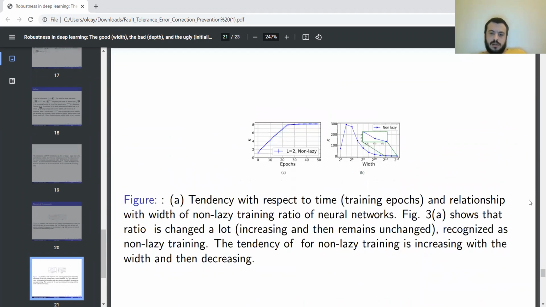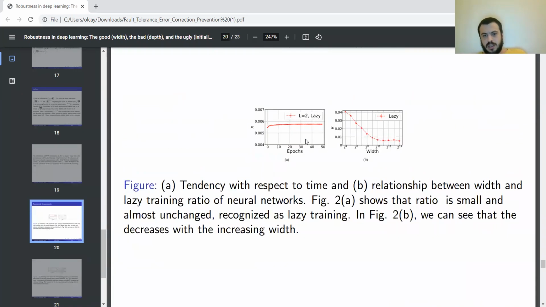So these are the results that I discussed before. This is the lazy training ratio, and they see that with the increase of width, this lazy training ratio is getting lower.